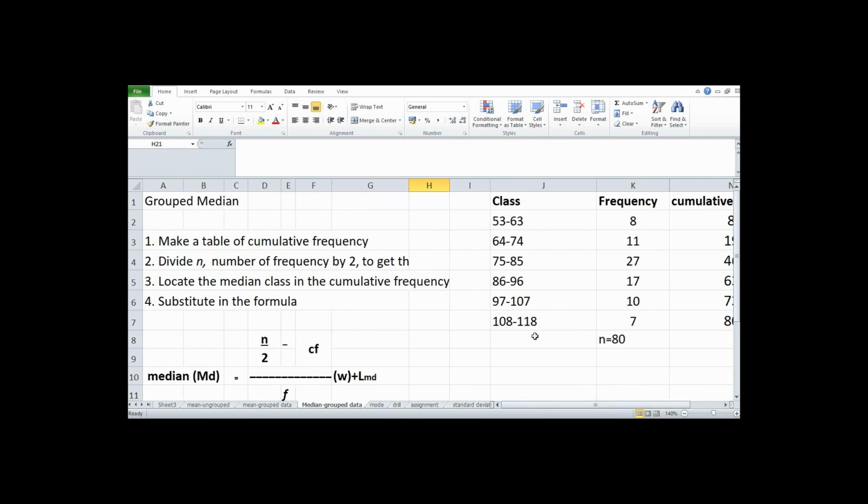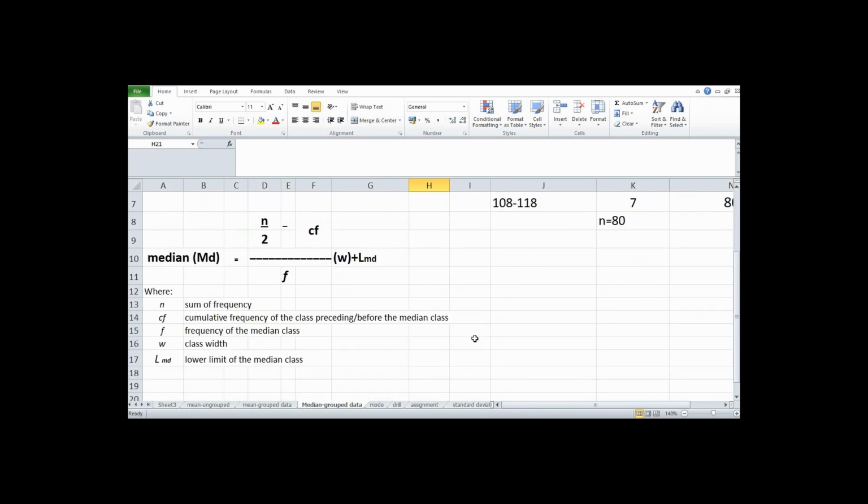Now, let's proceed on finding those values. First, we need to find the N, and it has already been solved. N is 80.